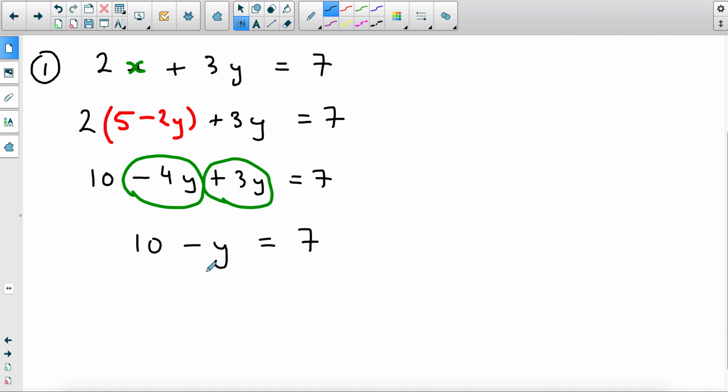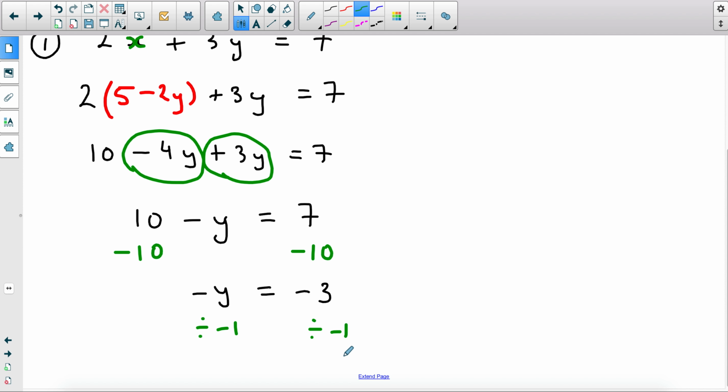And then you can solve this in any method you want, but I will subtract 10 from both sides. I'm left with negative y equals negative 3. And then I don't like this negative, so I'm going to divide both sides by negative 1, which will give me y equals 3.